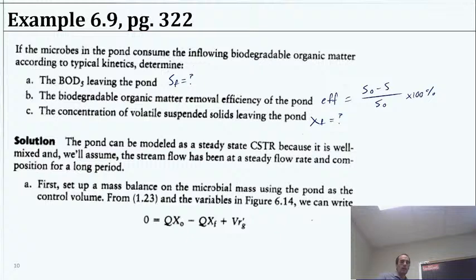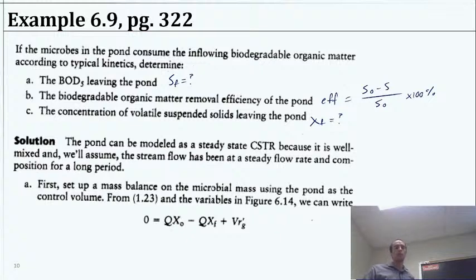All right, so then A says first set up a mass balance on the microbial mass using the pond as a control volume. We can start that by saying 0 is equal to Q times X naught minus Q times X final plus V, so in that volume, the R prime of G, the net growth rate.